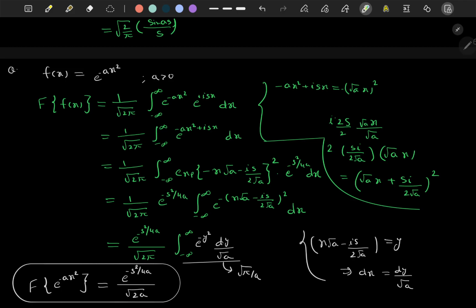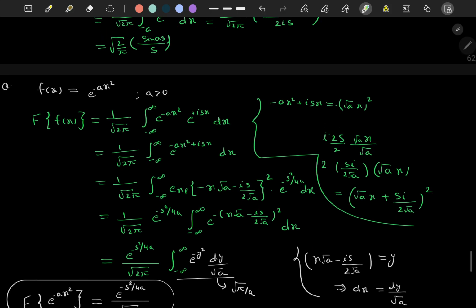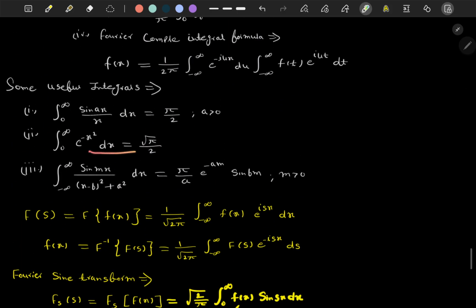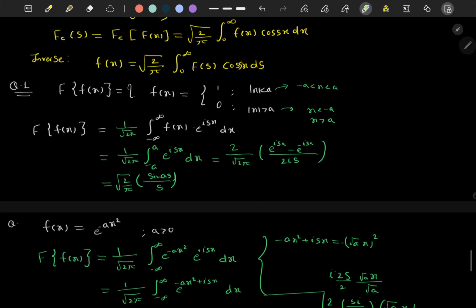Always remember this, it is useful many times. Many times it will be useful for us in solving complex integration for functions. So e raised to minus s square by 4 comes outside, and we will take the remaining as a new variable y. After solving we'll get this, and we have studied the formula of this integration here. The integral of e raised to the minus y square dy equals under root pi by 2.